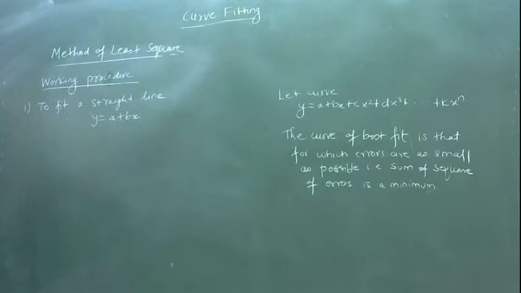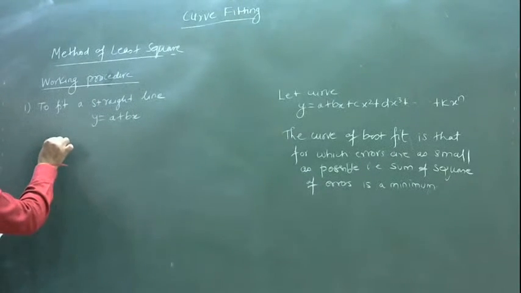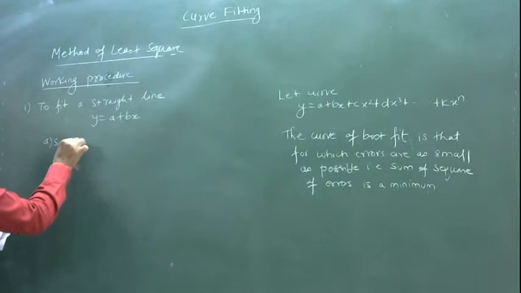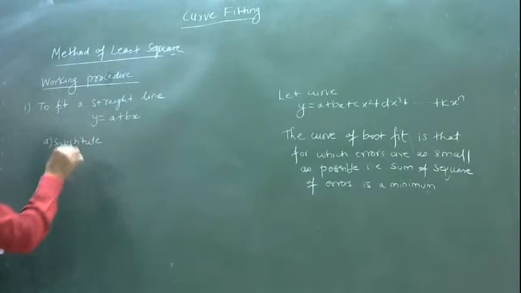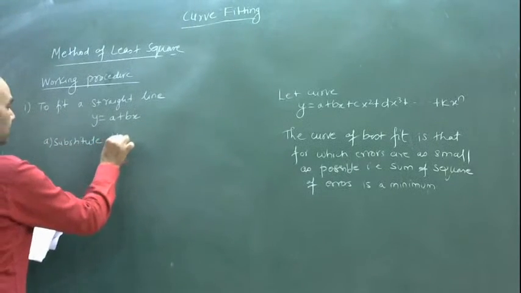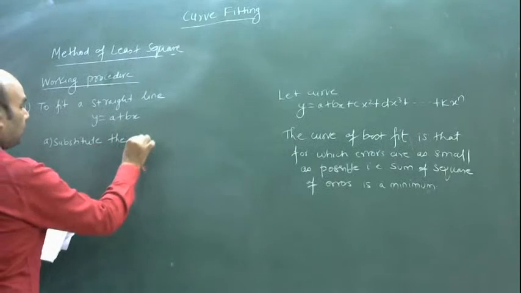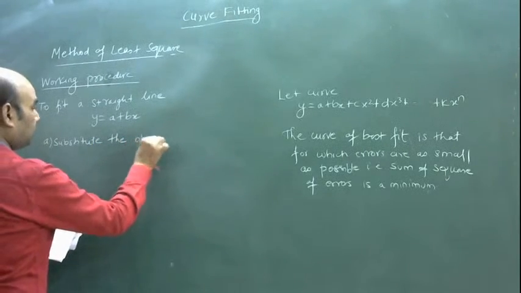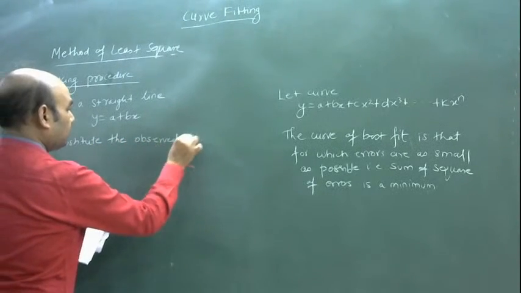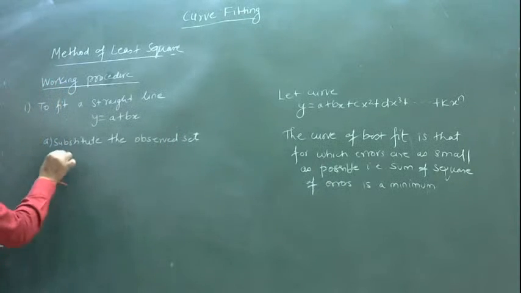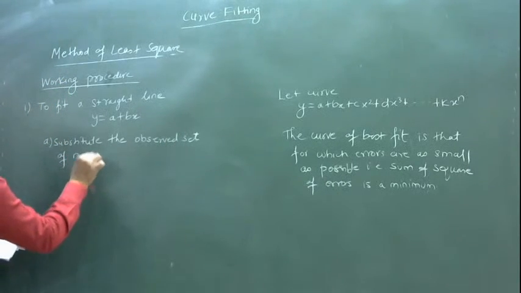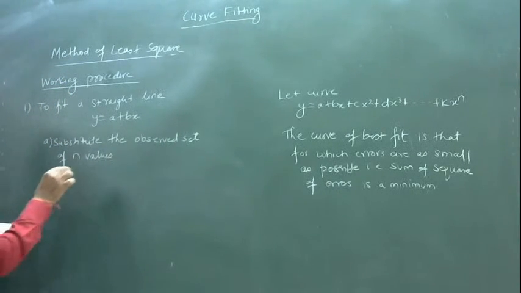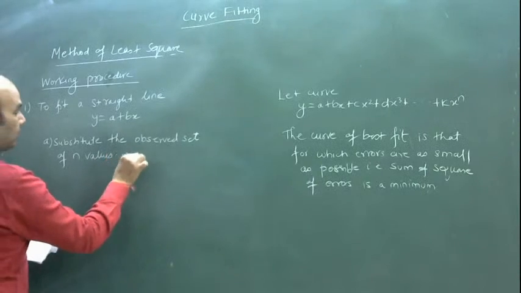What is the first step? The first step is to substitute the observed set of n values in the equation.